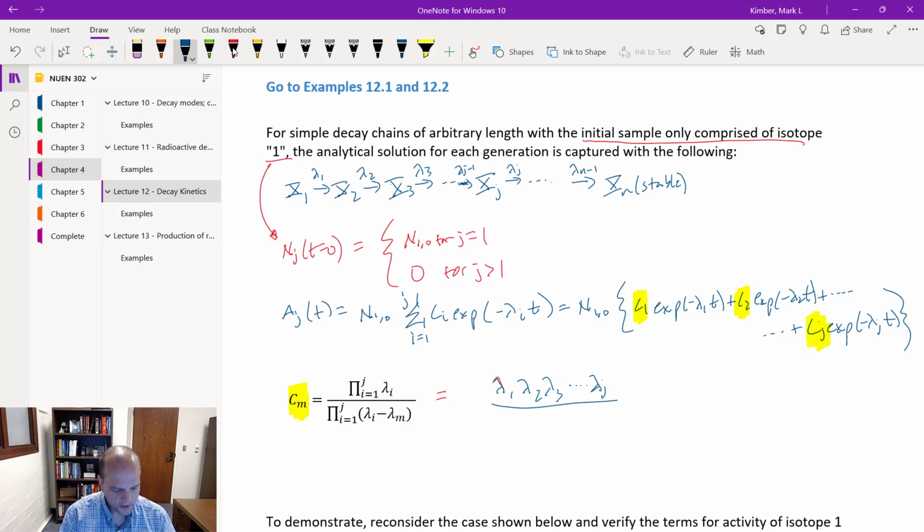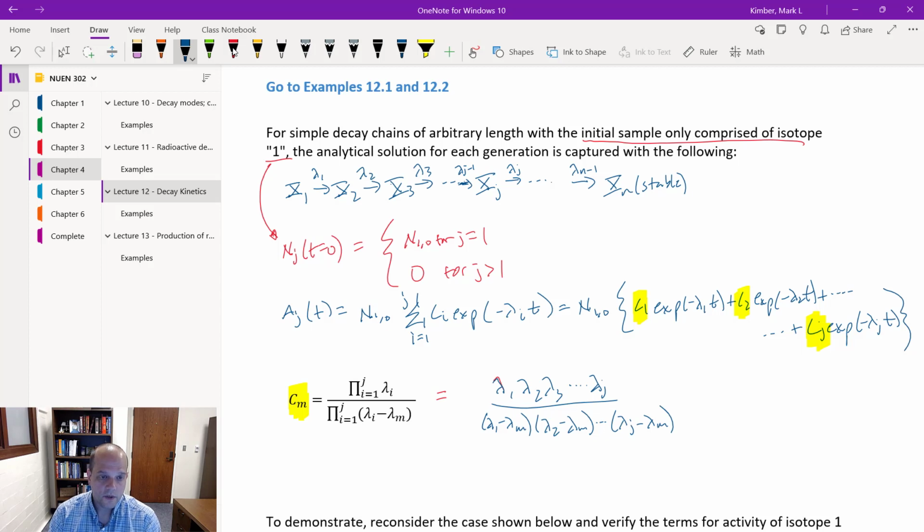In the denominator, I'm going to take each of these lambdas and subtract them from whatever the C subscript is, 1, 2, or 3, whatever it is I'm looking for, that's the lambda I'm going to subtract from all the lambdas available to me. So this would look like the following: lambda 1 minus lambda m, lambda 2 minus lambda m, and then we multiply these by lambda j minus lambda m.